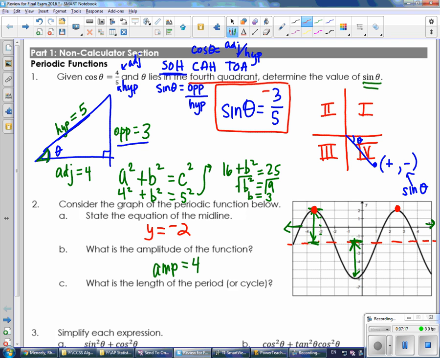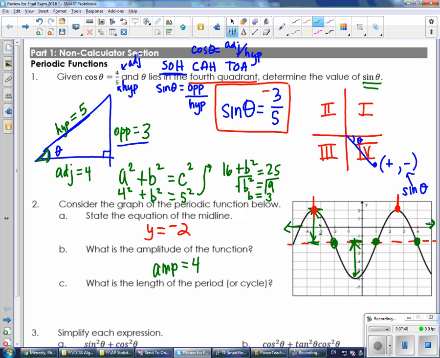And I can essentially estimate how many spaces are between those two maximum values. It's a little bit hard to see here because my maximums don't occur at even values of x or at exact values of x, but I do notice that my midline intersects my graph very evenly.